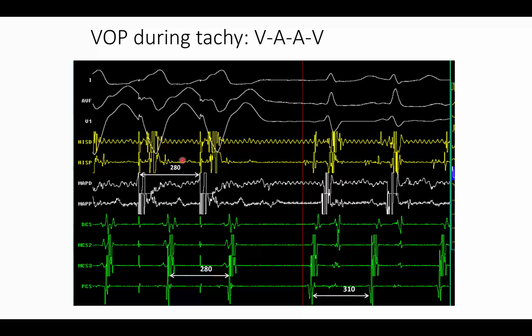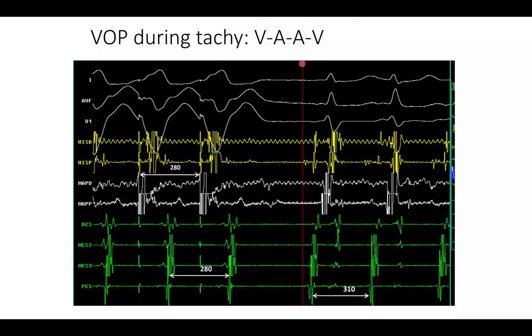You stop pacing and it has entrained the tachycardia. How do I know I've entrained the tachycardia? V to V is 280. A to A is also 280. That means V has pulled in or entered the circuit, and it's a VAV tachycardia. Remember? VAV tachycardia.